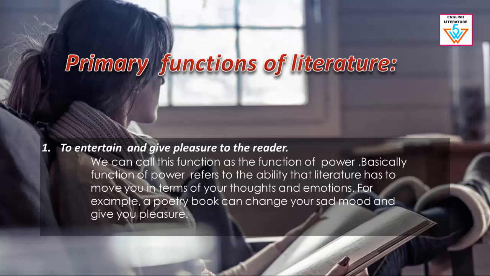We can call this function as the function of power. Basically, function of power refers to the ability that literature has to move you in terms of your thoughts and emotions. For example, a poetry book can change your sad mood and give you pleasure.